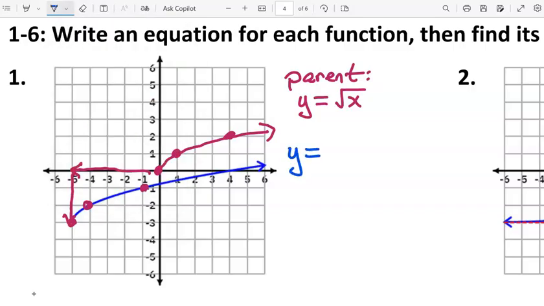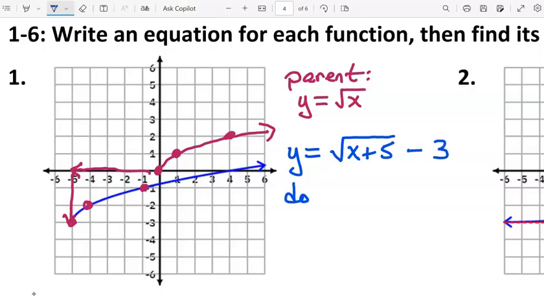So the graph of the new function has an equation of y equals the square root of x plus 5, because replacing x with x plus 5 moves the graph left 5, and minus 3 on the outside.